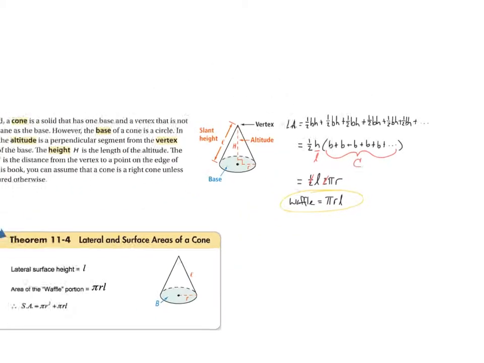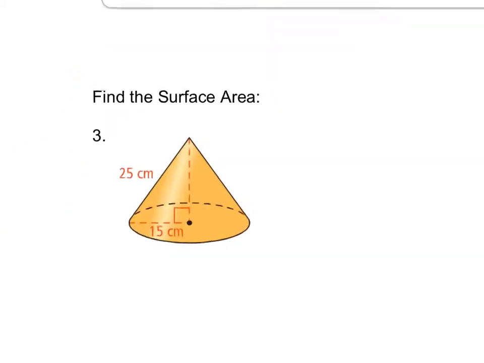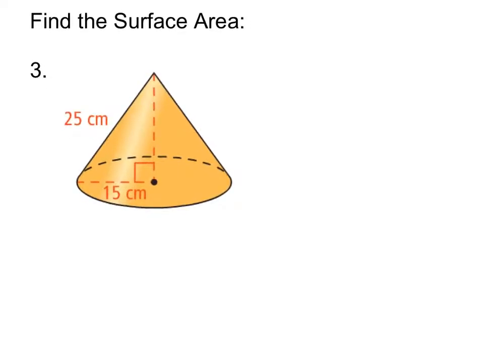Okay, excellent. So let's try a problem here. Taking a look, we have a cone. Cones have how many surfaces? 2 surfaces. The one on the bottom is a circle, which in ours has a radius of 15.